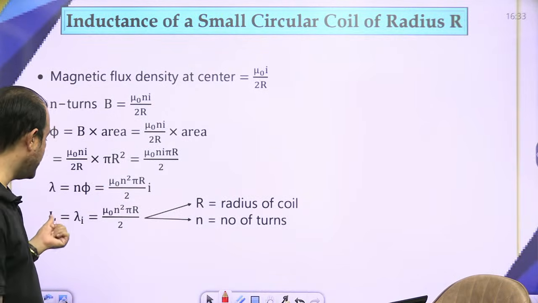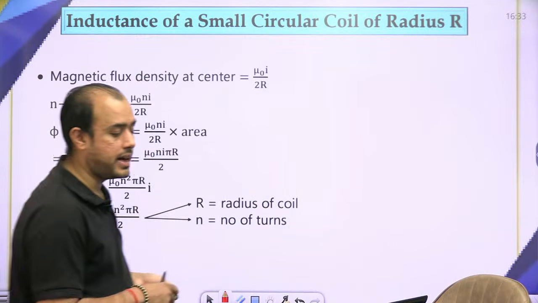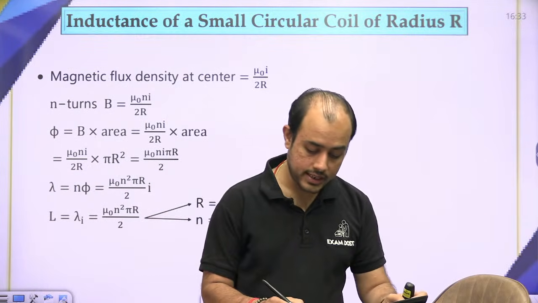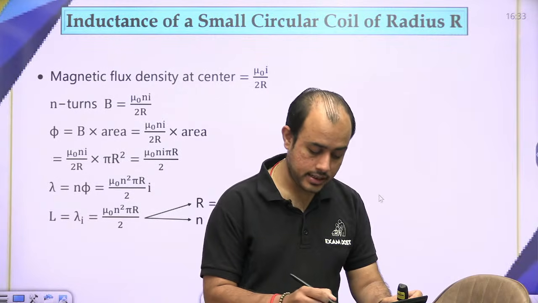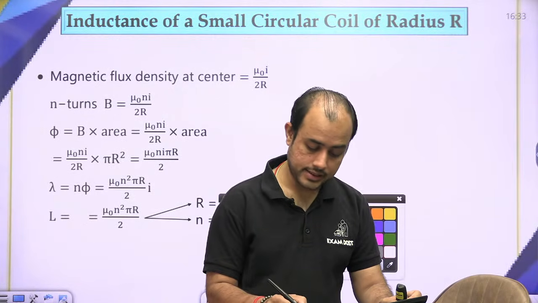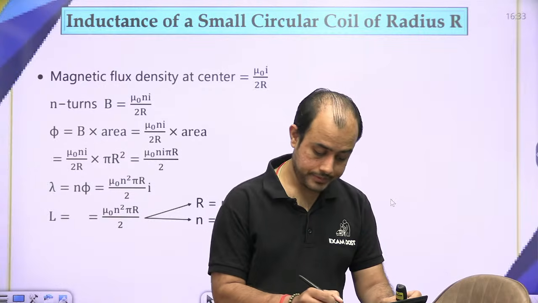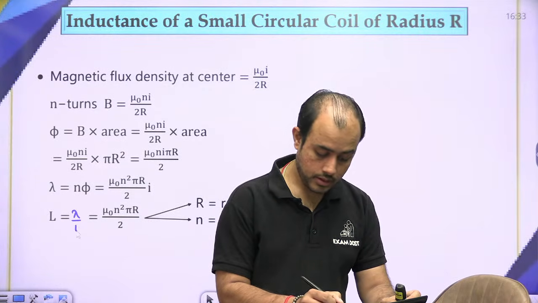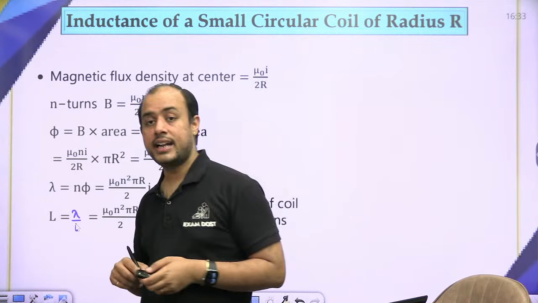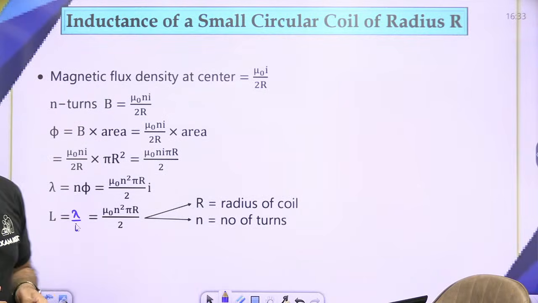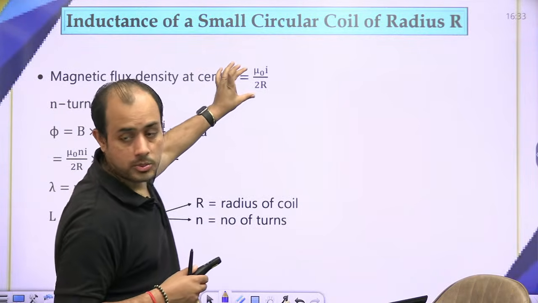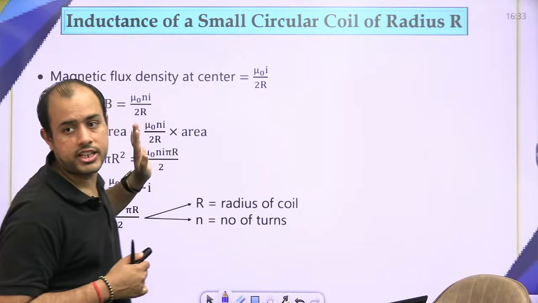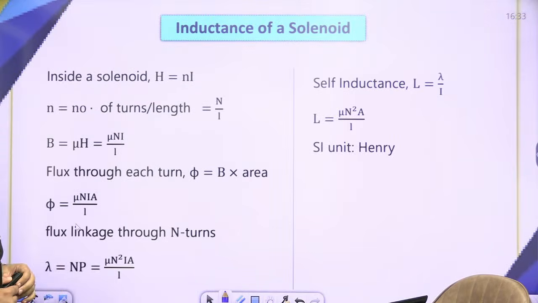Now, if you divide the flux linkage by current, you get the inductance. ठीक है? So by that you can find inductance of a small circular coil. This formula we actually derived in the previous session. We talked about this in the previous lecture.